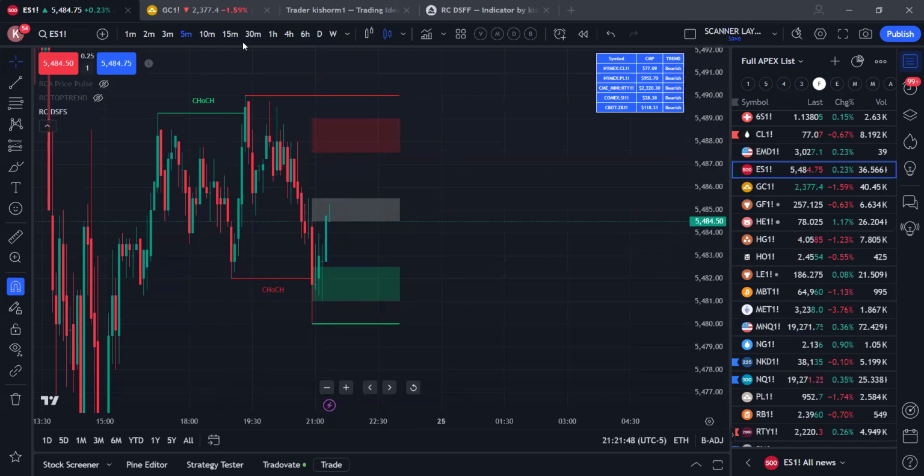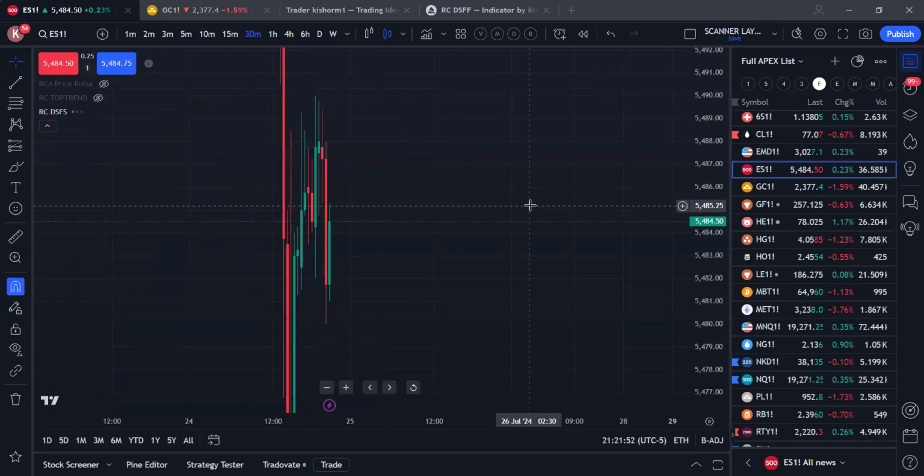If you want to trade on personal accounts, you can always use 15 minutes or 30 minutes.